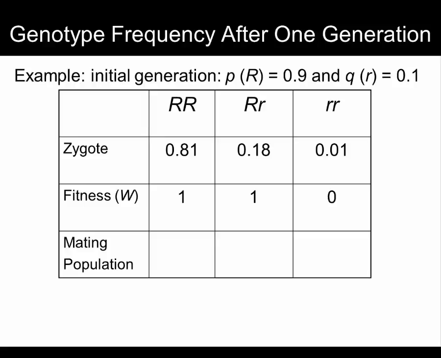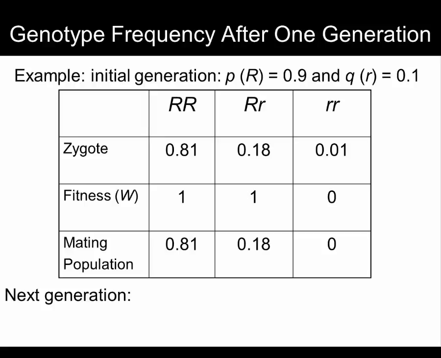We're saying no homozygous recessive individuals survive and reproduce, so their fitness is 0. There is no difference between being homozygous dominant or heterozygous here, so they both have a fitness of 1. Multiply the zygote genotype frequencies by the fitness, and you get the genotype frequencies of the mating population: 0.81 for homozygous dominant, 0.18 for heterozygous, and 0 for homozygous recessive.